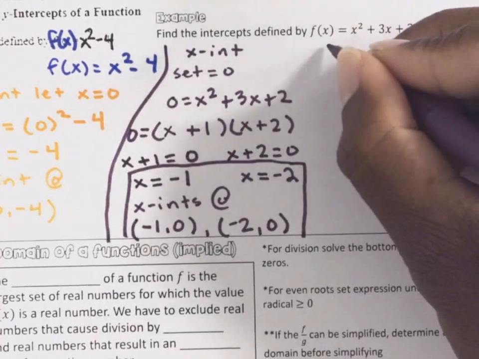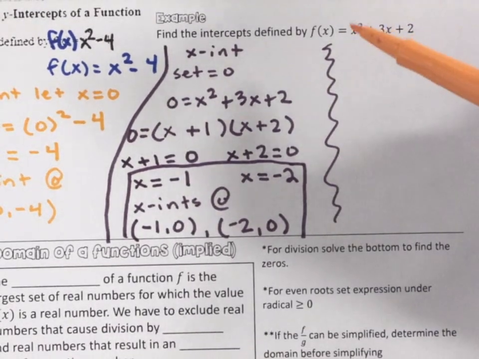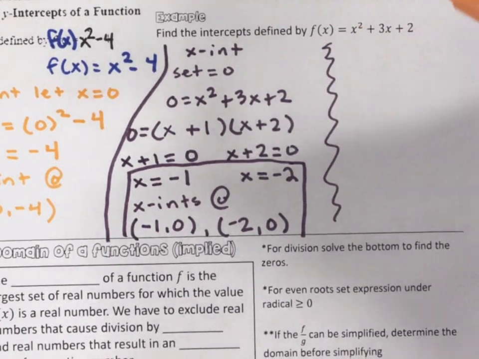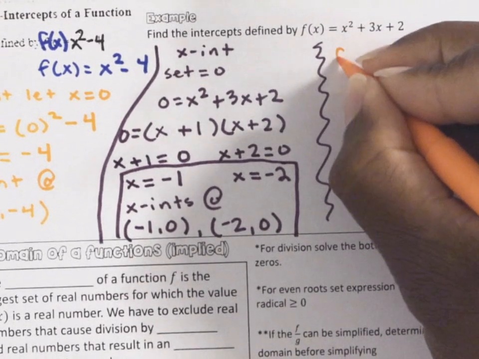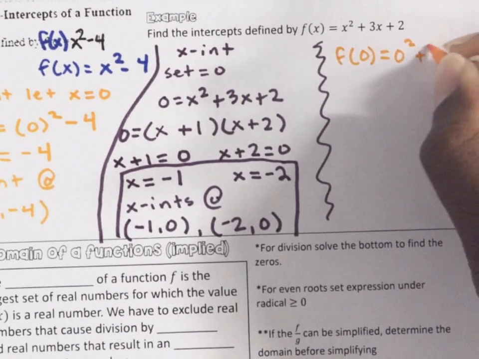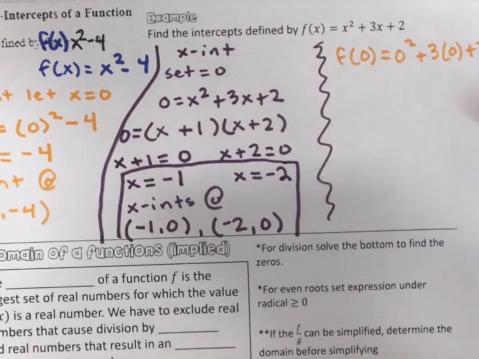And I like the y-intercepts because they're pretty straightforward. If we just put 0 in this function, what's my result going to be? Just 2. So that's my y-intercept. F of 0, I got 0 squared plus 3 times 0 plus 2. Let me not get ahead of myself.